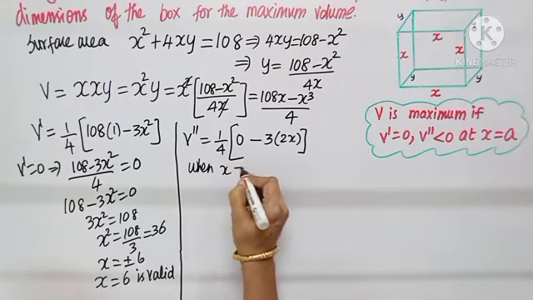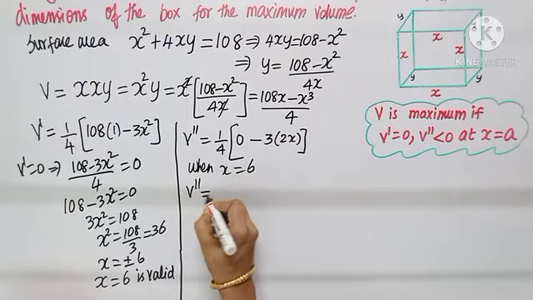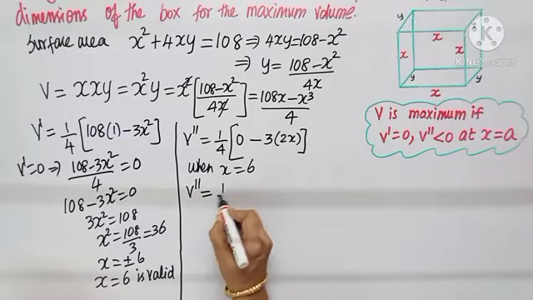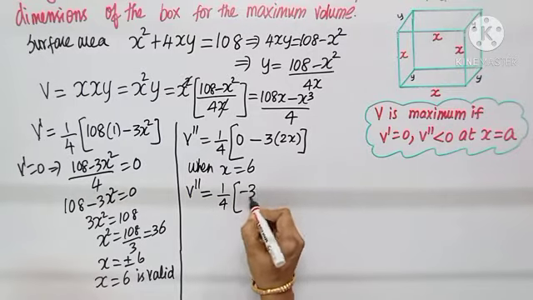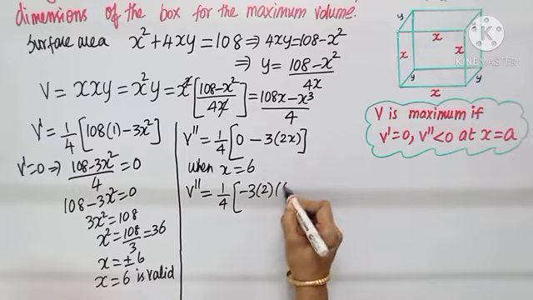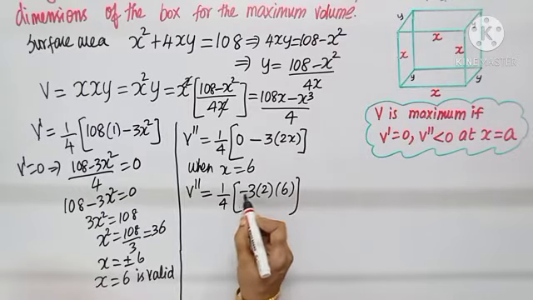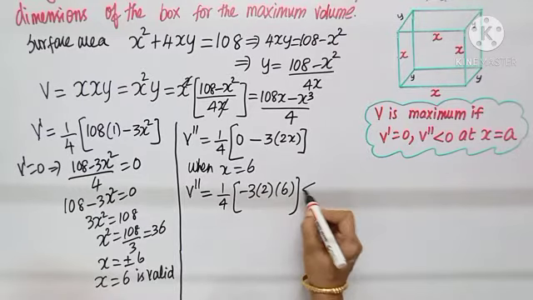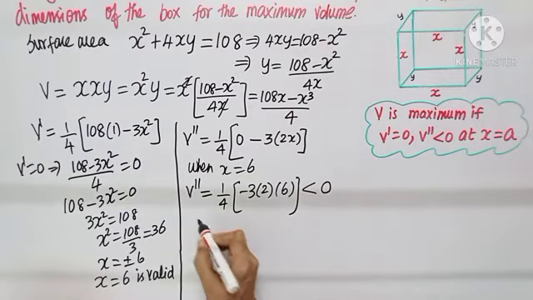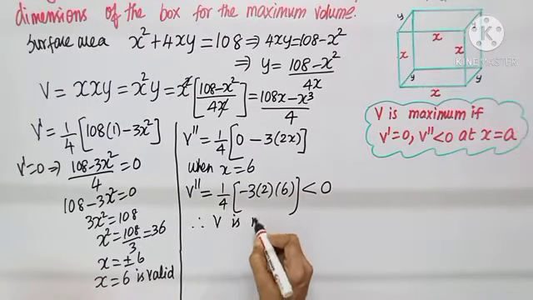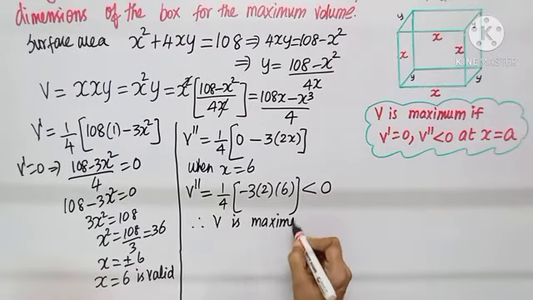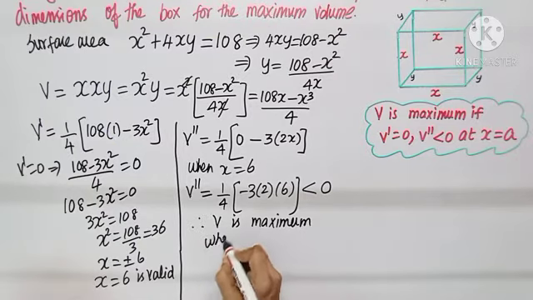When x is equal to 6, V double dash equals 1 by 4 into minus 3 into 2 into x value 6. We need only the sign, it is negative, less than 0. Therefore, V is maximum when x is equal to 6.